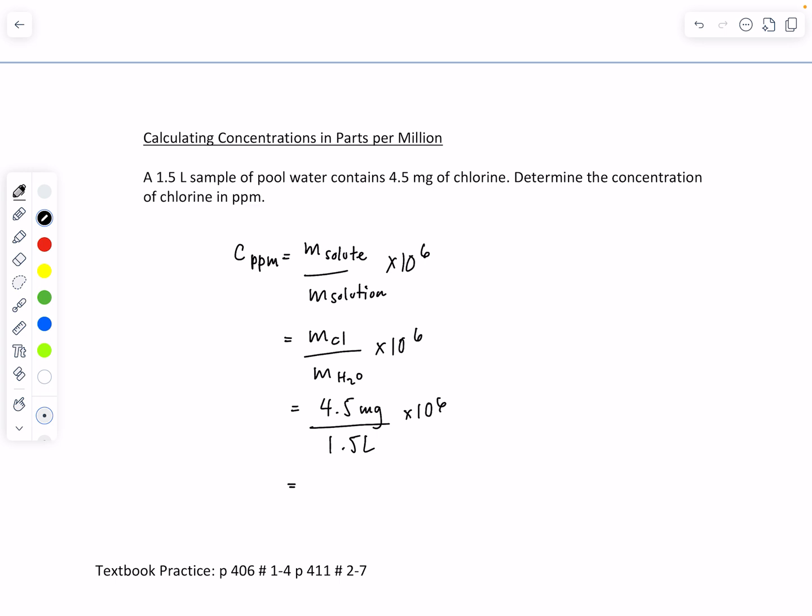Now we're going to express the number of liters in milligrams. So that's 1.5 times 10 to the power of 6 milligrams, rather.